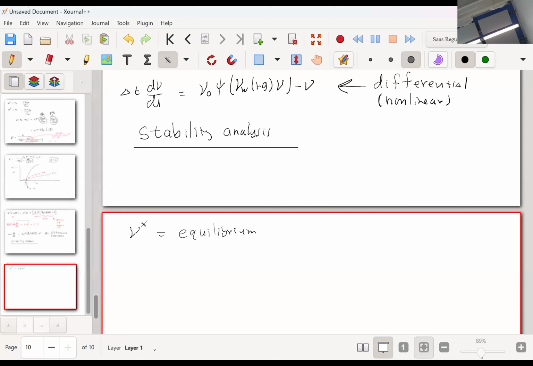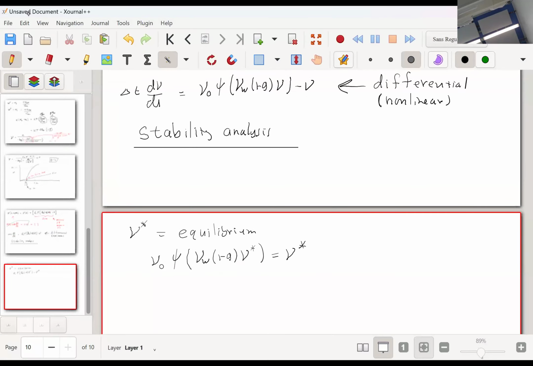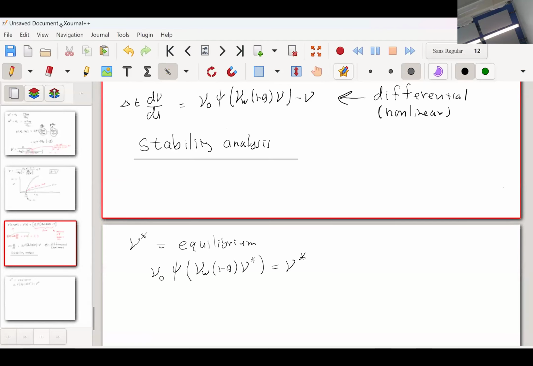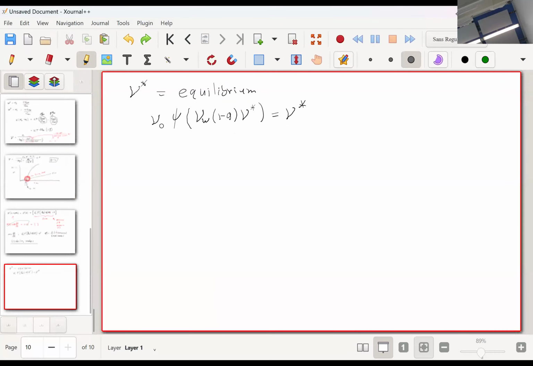And what that means is that nu 0, our firing rate function psi of w 1 minus g nu star, equals nu star. So this is the thing we wrote down earlier. That's the equilibrium, this point right here, right? And what we want to do now is ask, is that equilibrium stable?